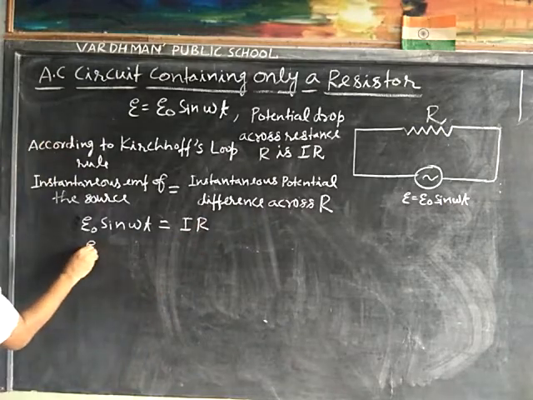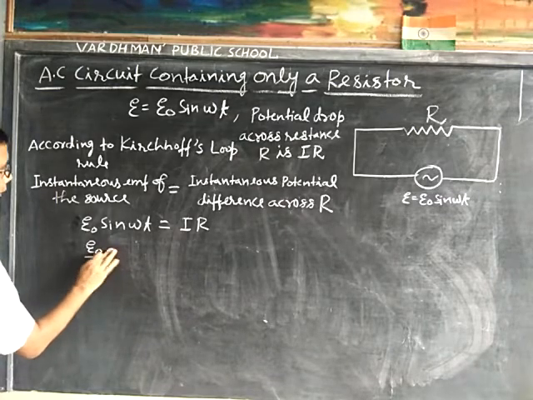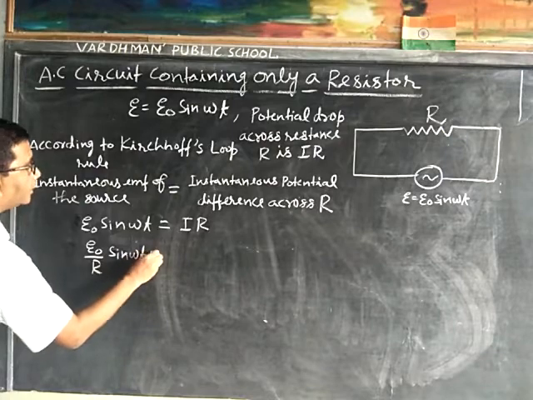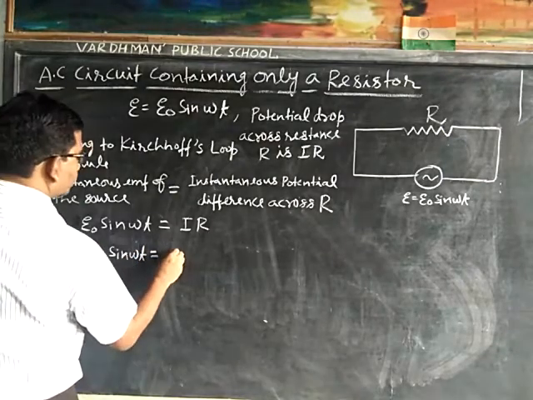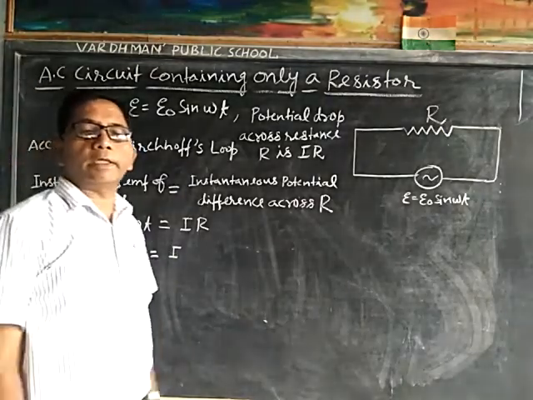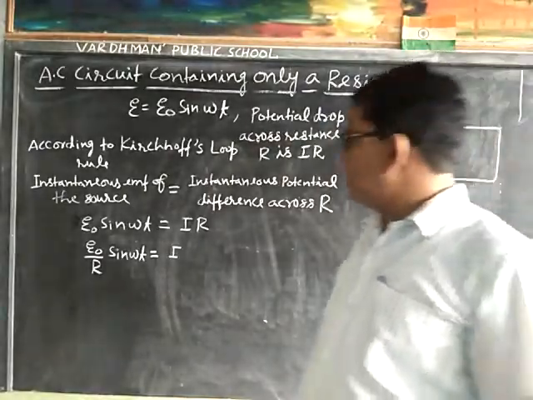We can also write E0 upon R sin omega t is equal to I. Now E0 upon R can be written as I0, which is the peak value of AC.